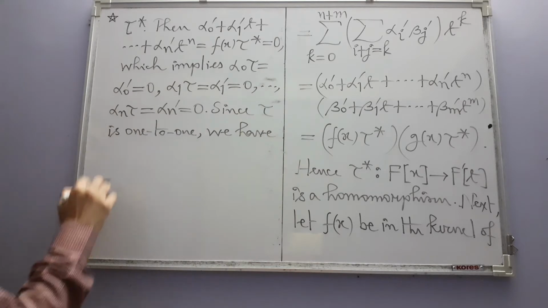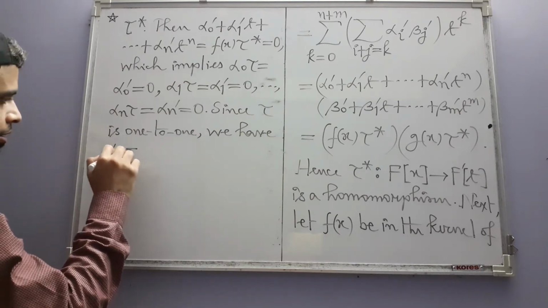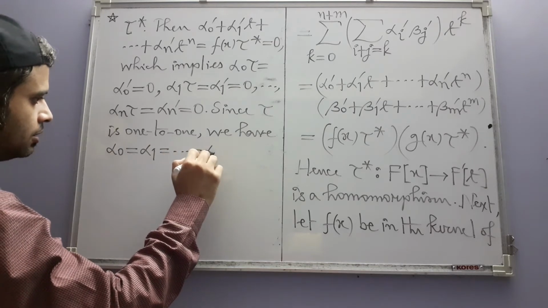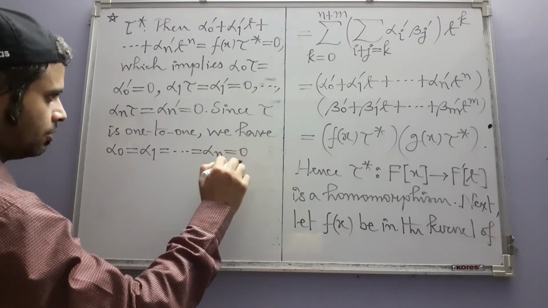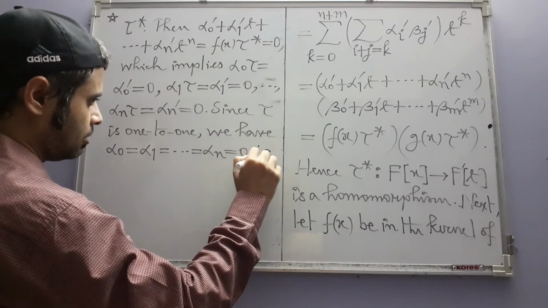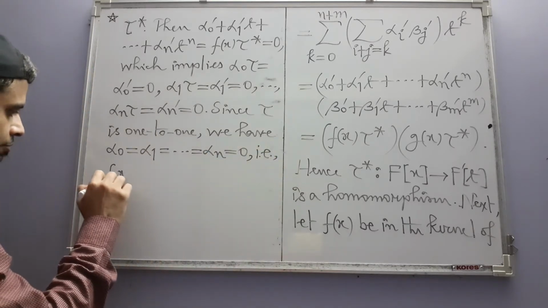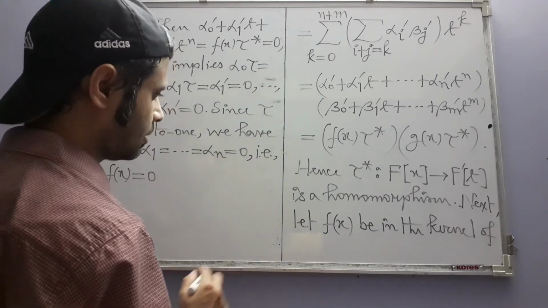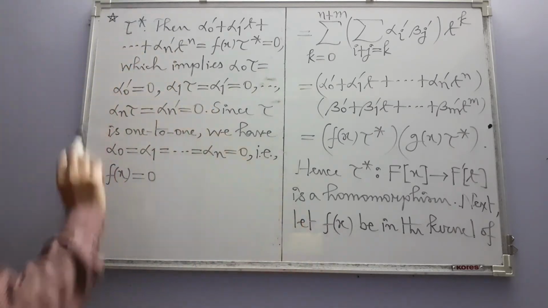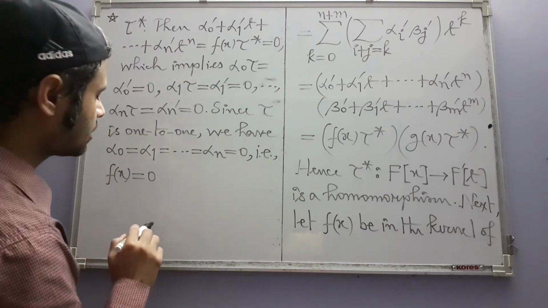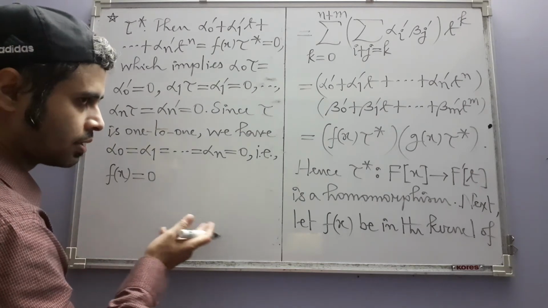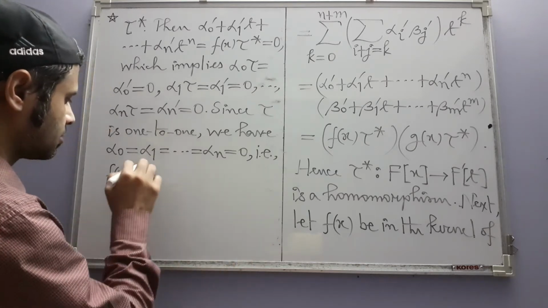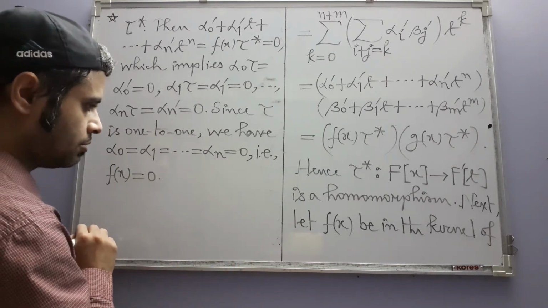We have alpha naught, alpha 1, all the alphas are now going to be 0, i.e. f(x) is 0, because all its coefficients are 0. If our f(x) is that original f(x), where we started our calculation, and what we used in order to define tau star, that f(x) is equal to 0.